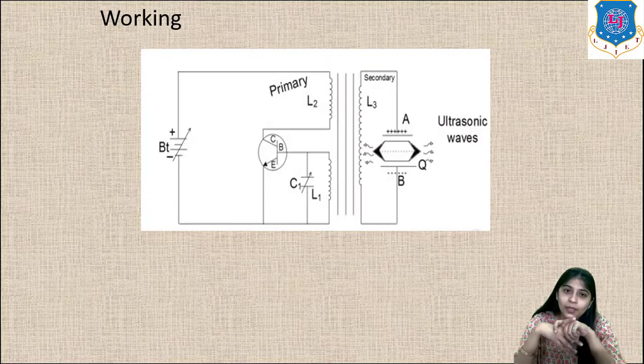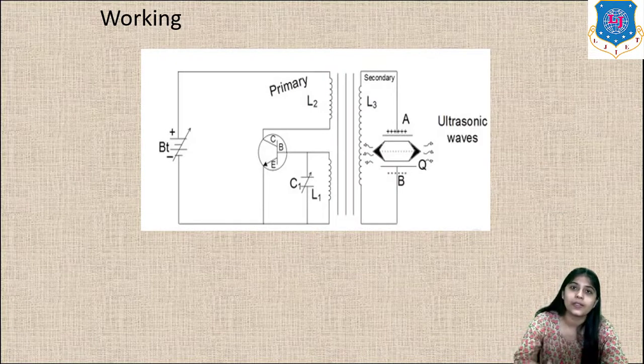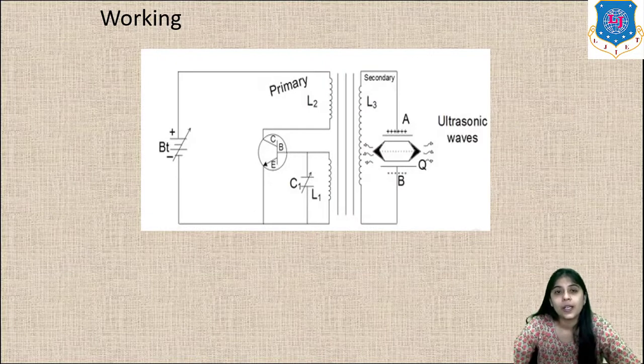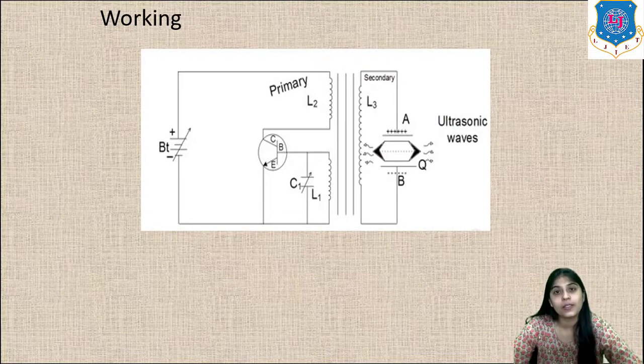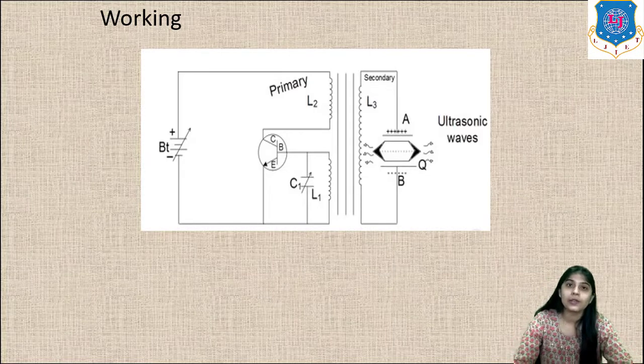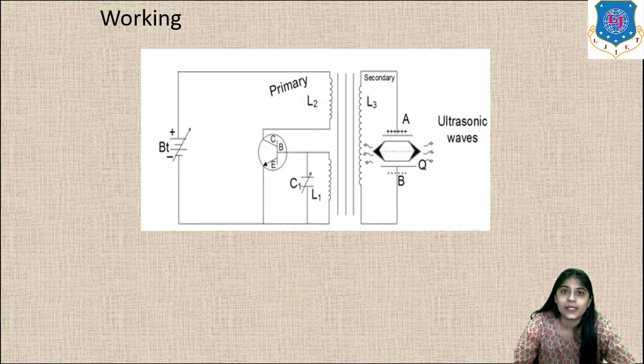Let us see how this oscillatory circuit is constructed. First of all, inductor coil L2 is connected between the battery and the collector of the transistor. Then L1C1, which we know is a tank circuit or resonant circuit, the parallel connection of inductor coil L1 and C1, is connected between the base and emitter of the transistor.